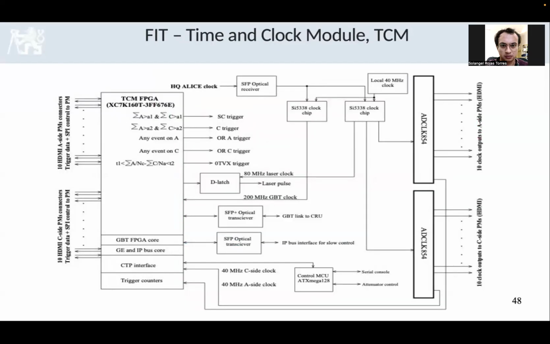You can see more or less here how the logic looks. For example, OR A is any event on the A side or on the C side. This is any event that is in A and in C side. This is a sum. They can be different logic.